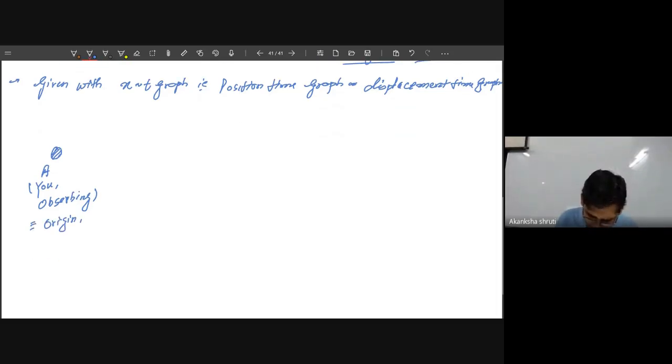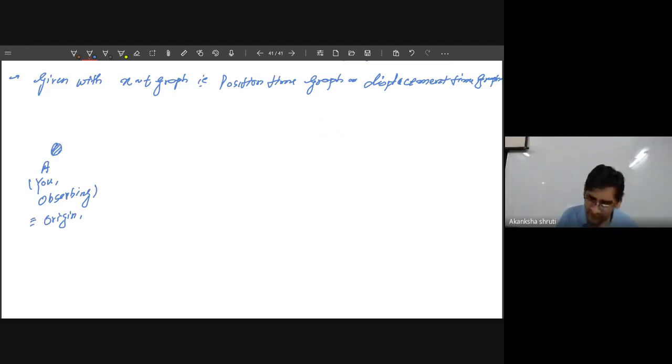Position means we will measure the distance from this point, whether it is increasing or decreasing, in the positive direction or in the negative direction. So for that, the position value is taken as 0, and here you have also started the observation.